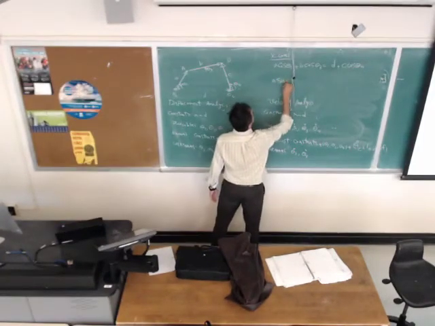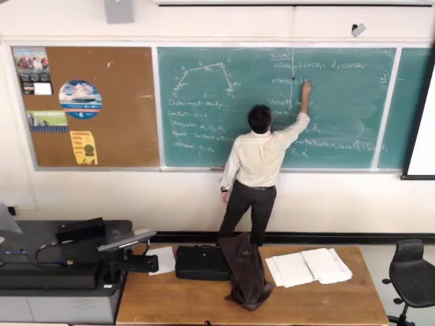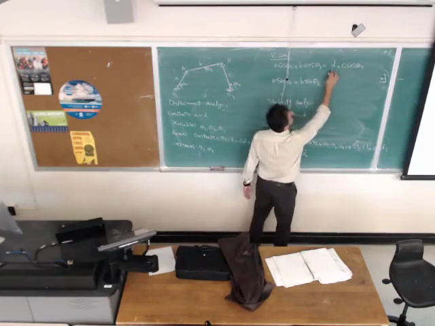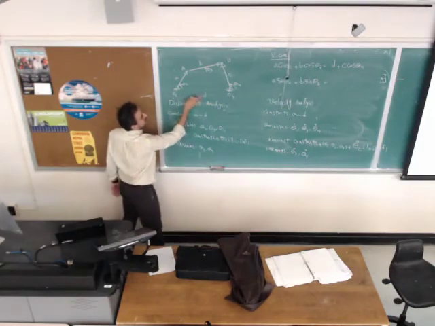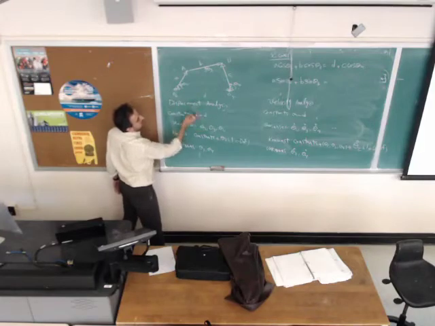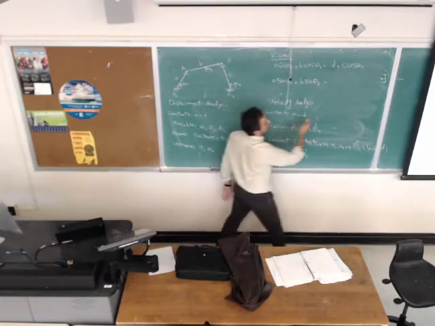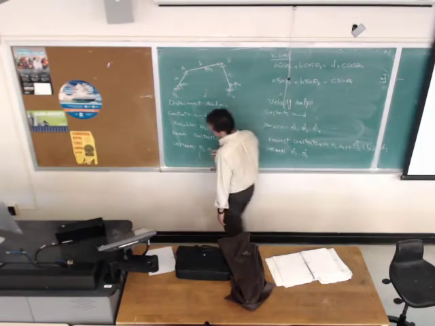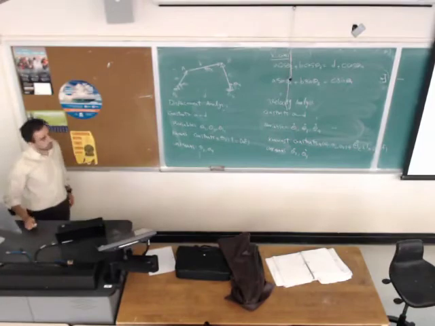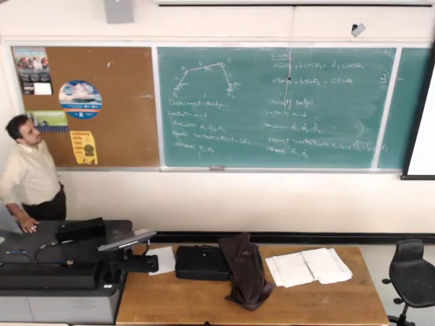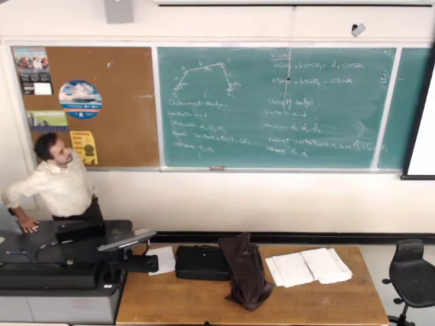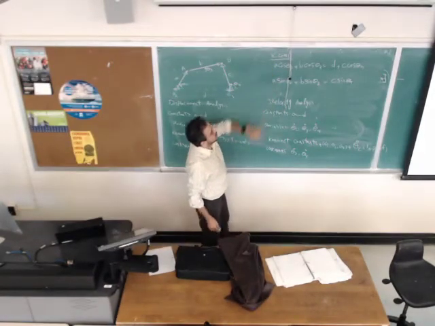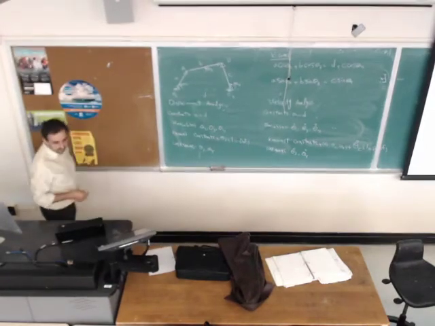Y component: just change cosine to sine. D, the angle is 0, D sine of 0 is going to be 0. Or you can see we don't have any y component for D, so it's going to be C sine of theta 4. This is what we did for displacement analysis to derive the equation.